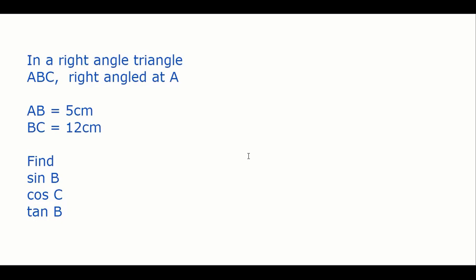Okay. Root 119 by 12, 119 by 5. Okay. Let's see. Bhuvija, audio working?